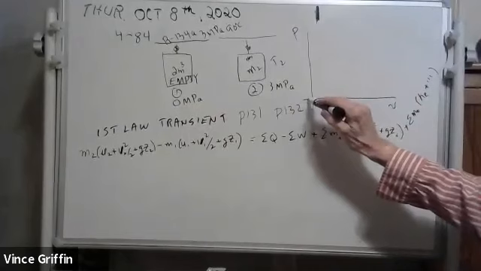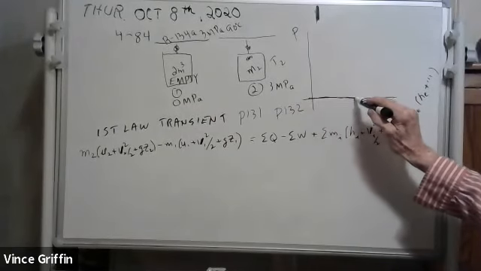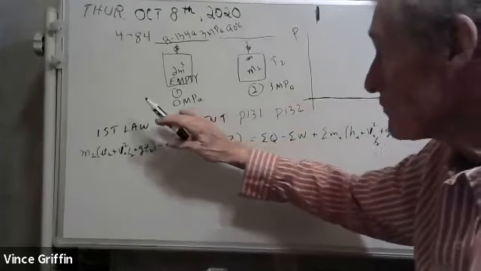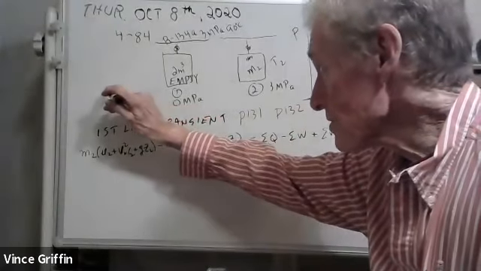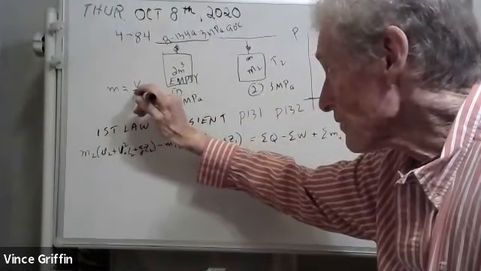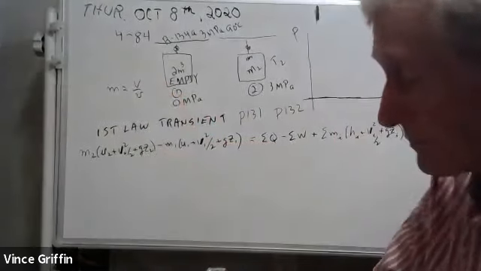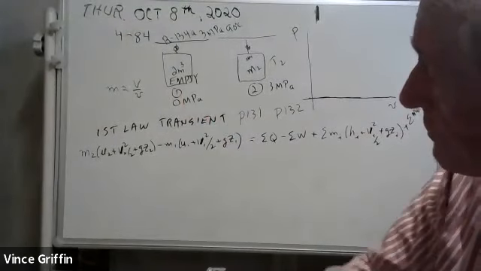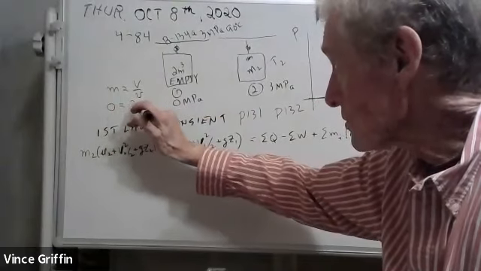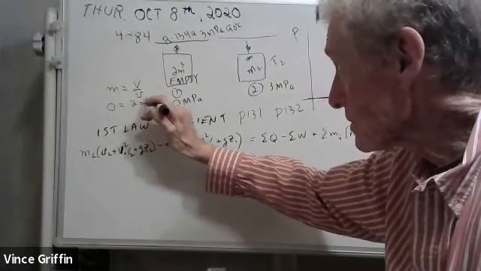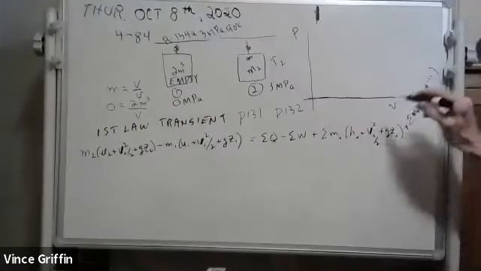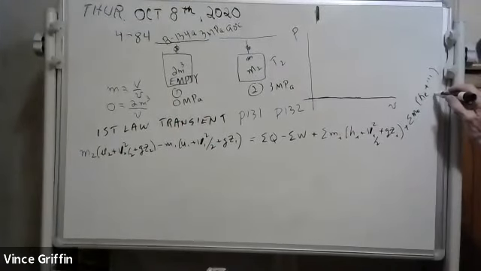That must mean that state 1 is along this line here. If there's nothing in there, that means the mass is 0. Well, mass is equal to the volume divided by the specific volume. If the mass is 0 and the volume is 2 cubic meters, then the specific volume must be very large. You're way over here someplace.